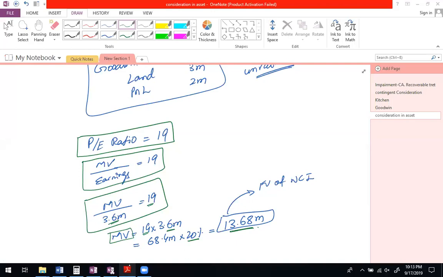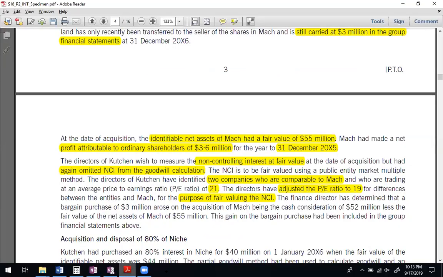Okay, so let's get back to the question. It further says that the finance director has determined that a bargain purchase of 3 million arose on the acquisition of Match.